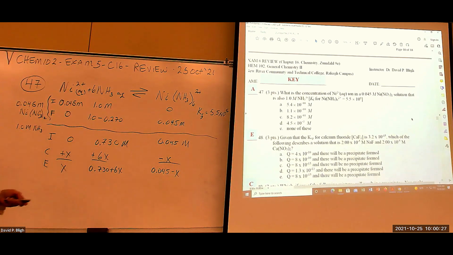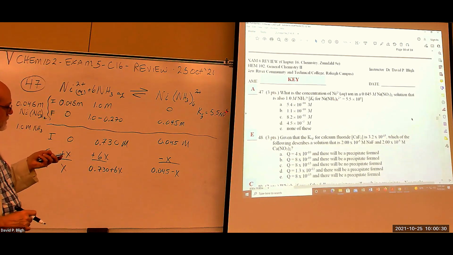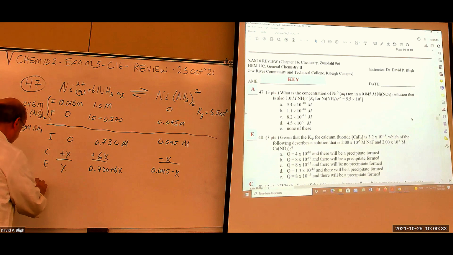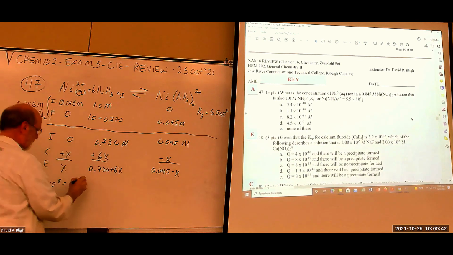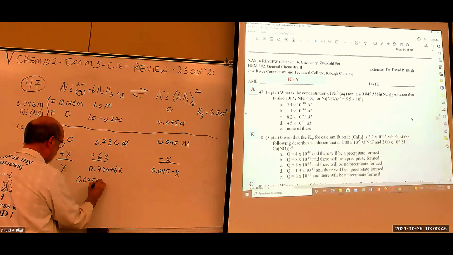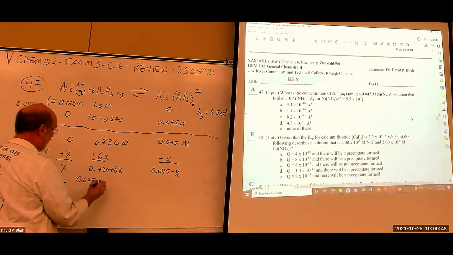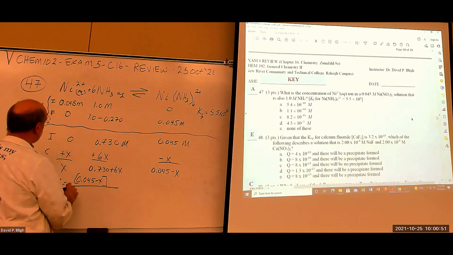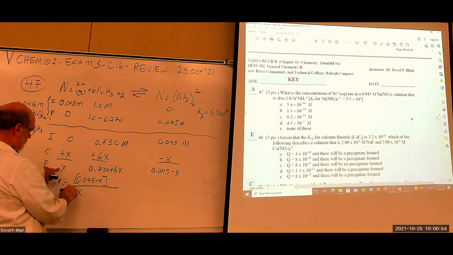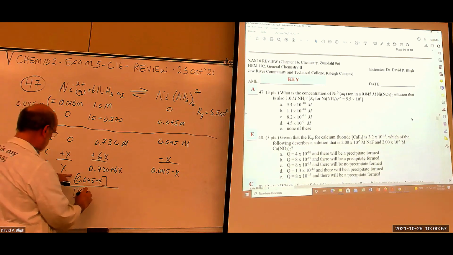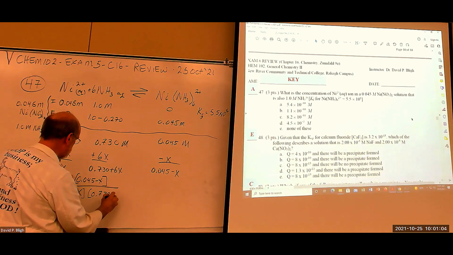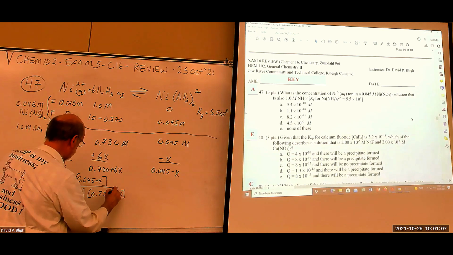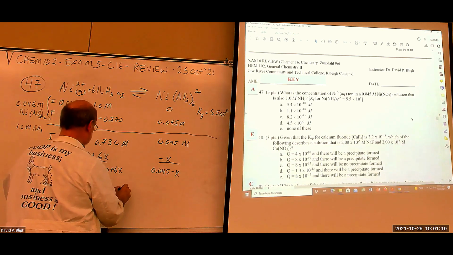So our equilibrium expression with this formation constant, well, there it is right there, is 5.5 times 10 to the 8th equals 0.045 minus x to the first power, divided by x to the first power times 0.73 plus 6x to the 6th power.